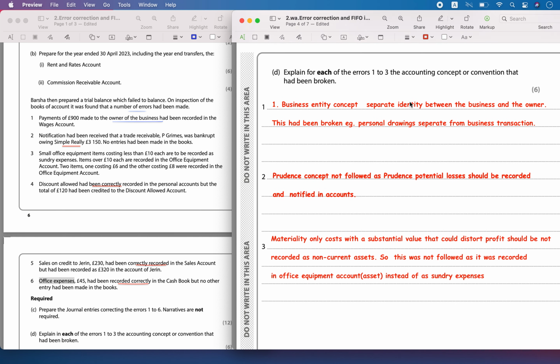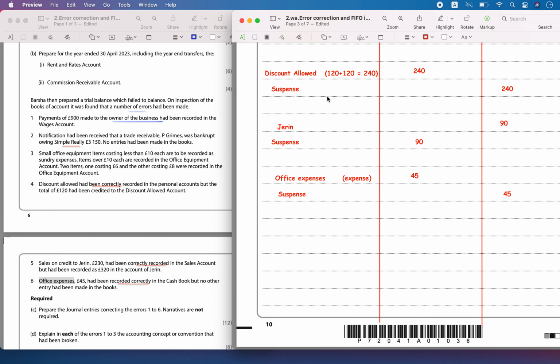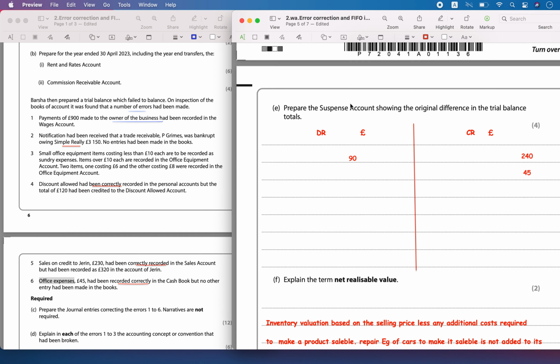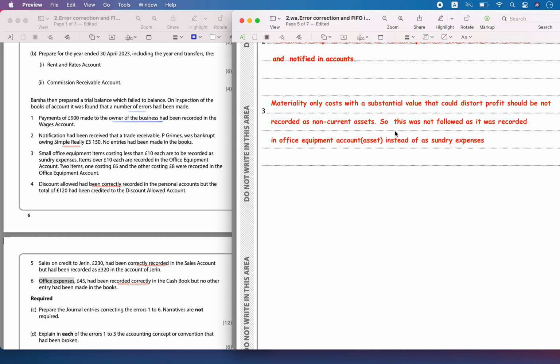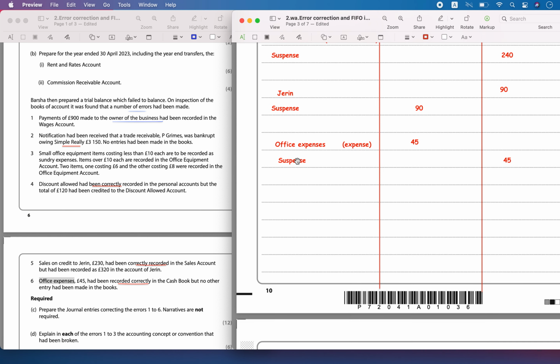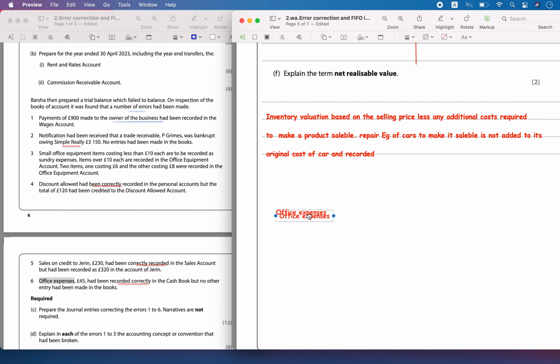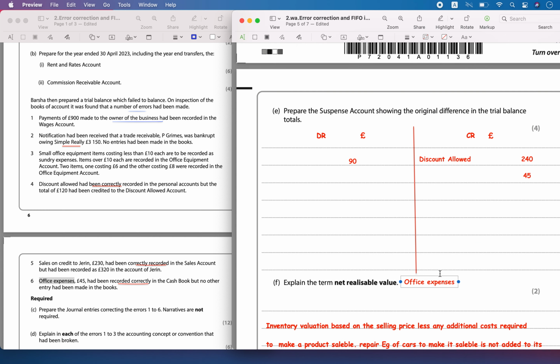The first 240 had come from the discount allowed account, so you write discount allowed. The second one, 45, had come from the office expenses account, so you will include office expenses 45.